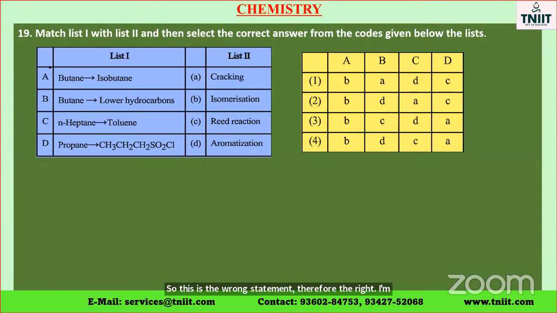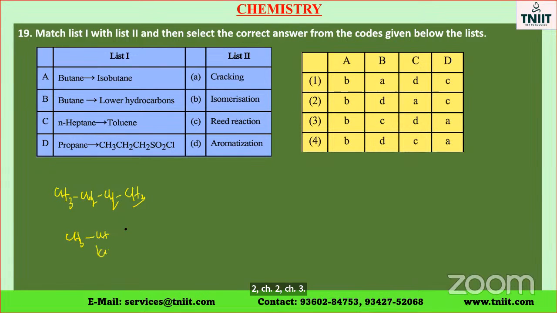The next question. Match list 1 with list 2 and then select the correct answer from the codes given below. Butane to isobutane. Butane is CH3CH2CH2CH3. Isobutane is CH3CH(CH3)CH3. This is an example of chain isomers.